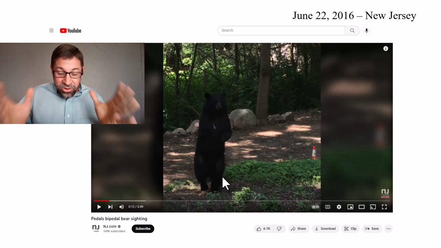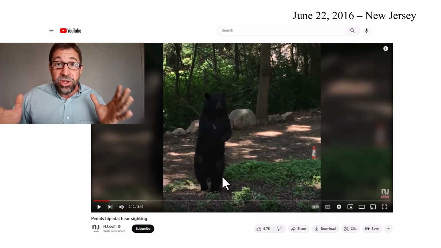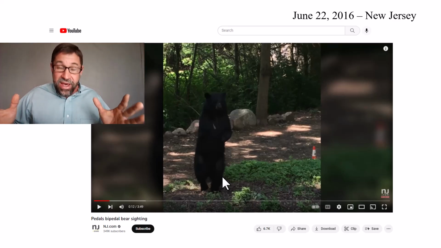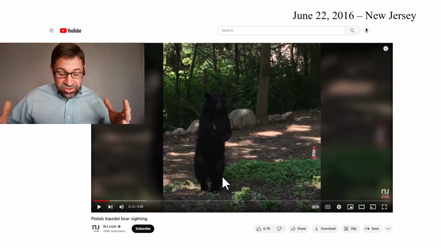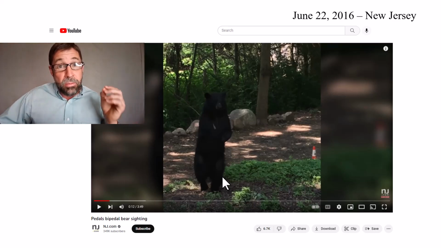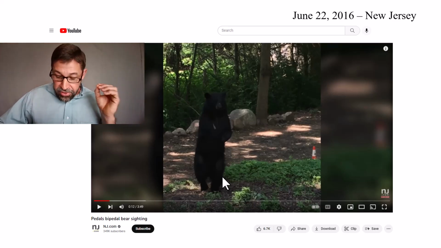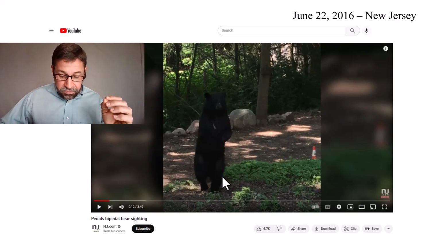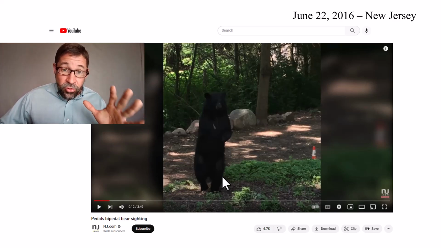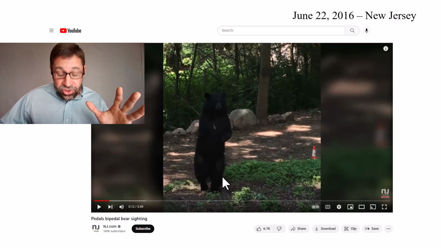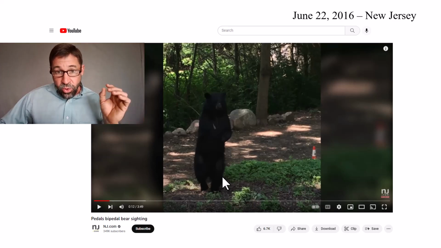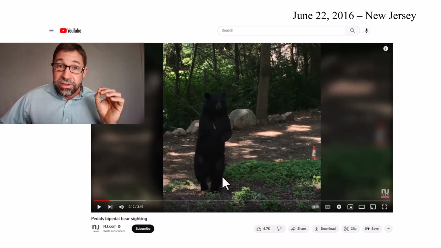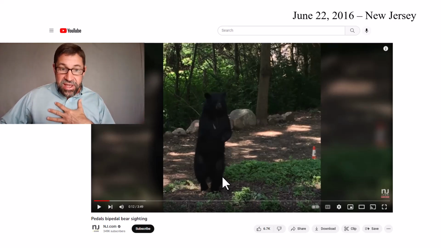Number one, Petals is obviously an extremely resilient individual and exemplifies the resilience of this species that has come roaring back from near extirpation. Secondly, for a whole host of psychological reasons, carnivores like black bears are going to elicit strong emotional responses in us.